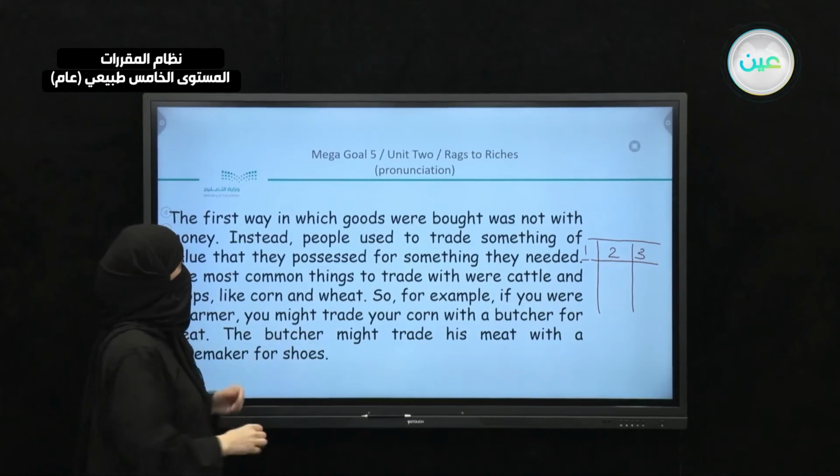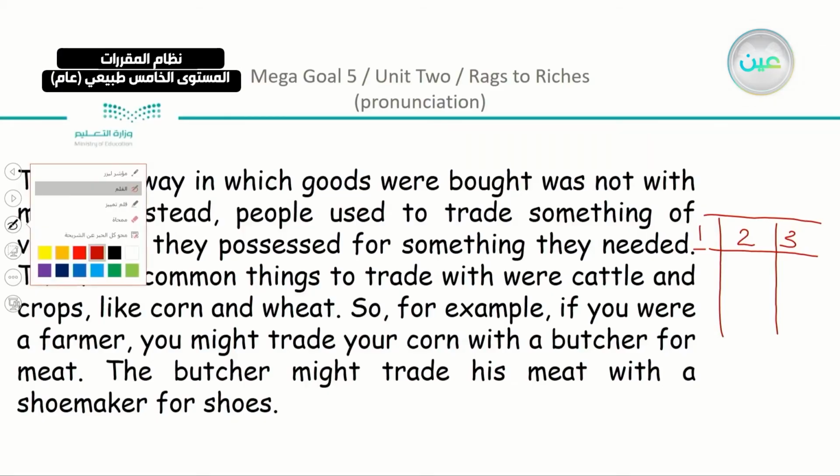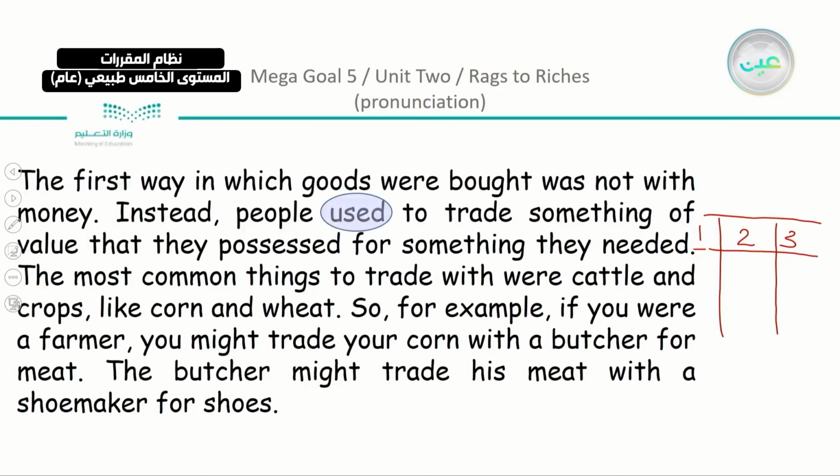So we have the first one, for example, used. This has an ED because I asked you to focus on the ED. Used. After you pronounce it, or while you're pronouncing and repeating it, just write it in the first column.